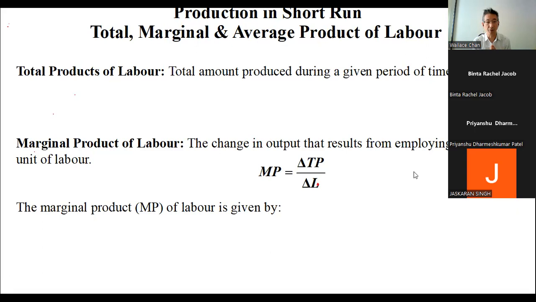So now let's take a look at the total product of labor. The total amount produced during a given period of time is called the total product of labor. For example, I'm pretty sure some of you are now working on a part-time basis. When you go to work, every minute, every hour, you are producing something for your company.